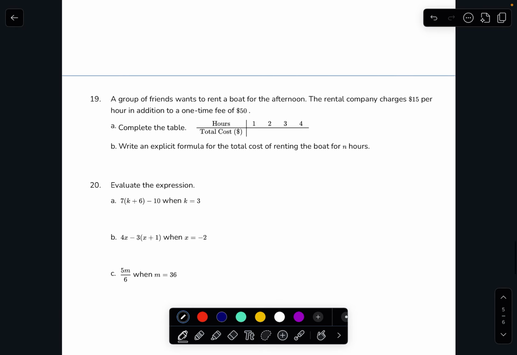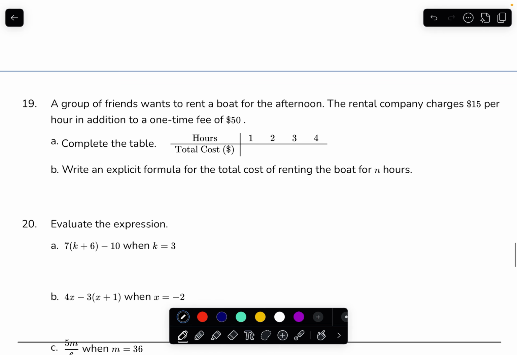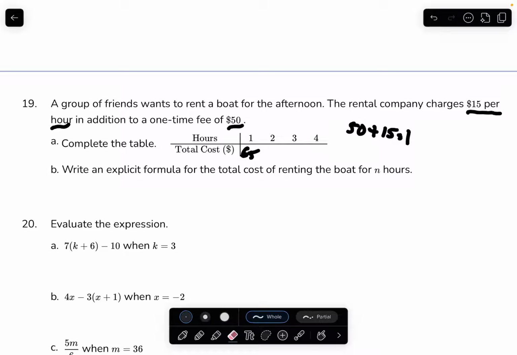Okay, question 19. A group of friends want to rent a boat for the afternoon. The rental company charges $15 per hour. That's the rate. In addition to a one-time fee of $50. So for 1 hour, it's going to be the $50 one-time fee plus 15, which is 65. For the second hour, that 1 becomes a 2, and we're going to add 15 again.